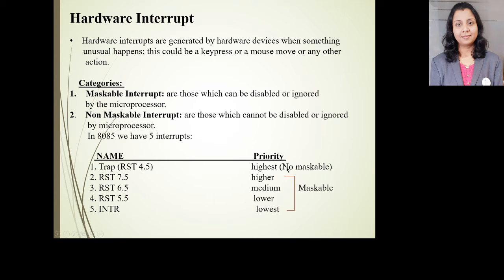TRAP is non-maskable and the others are maskable. When the non-maskable TRAP occurs, it cannot be disabled or ignored by the microprocessor. Similarly, the other 4 interrupts are maskable, that is, they can be disabled or ignored by the microprocessor.